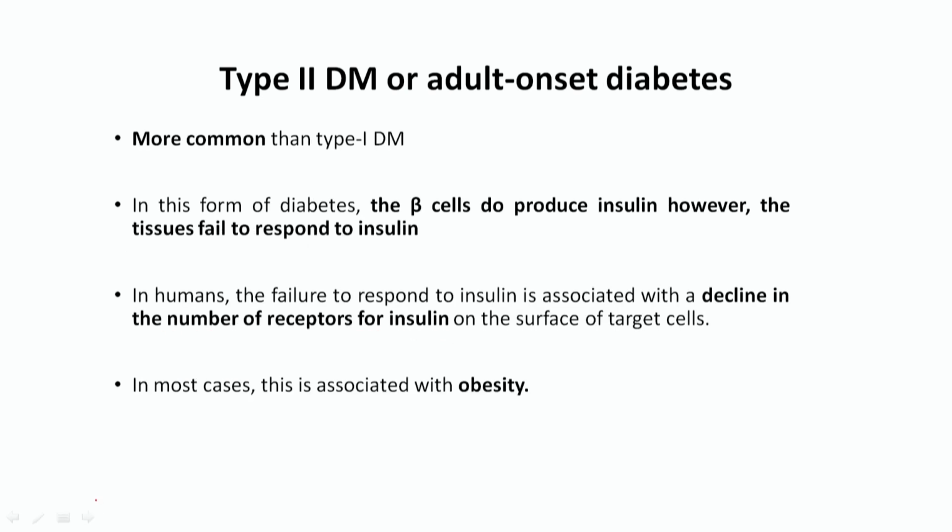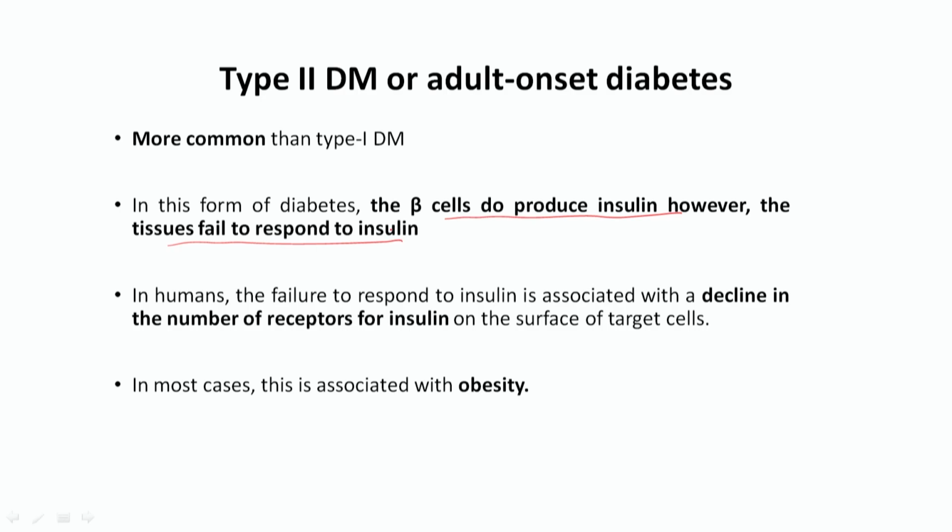Next is type 2 or adult onset diabetes. It is the most common type of diabetes mellitus. In this, the beta cells produce insulin, however the tissue fails to respond to it. The proper amount of insulin is produced, but the tissue is unable to respond, so insulin has no role in utilizing glucose in the cells.